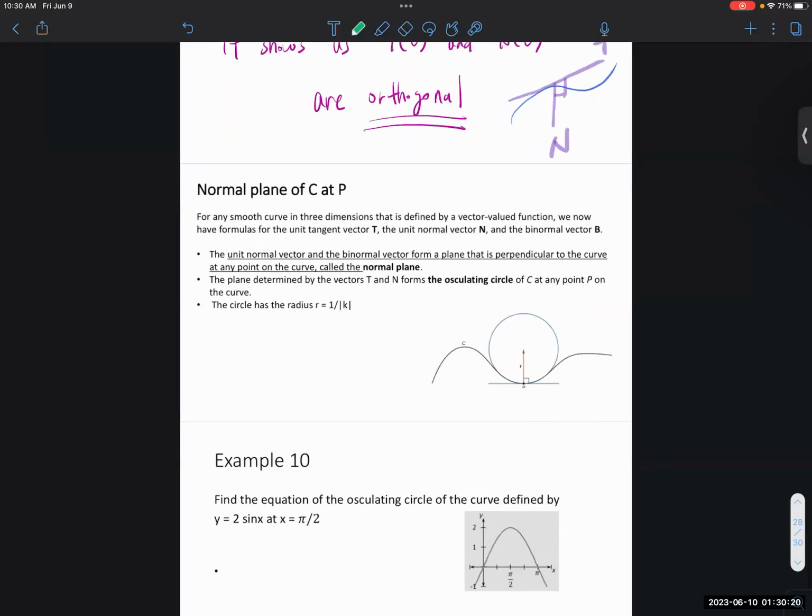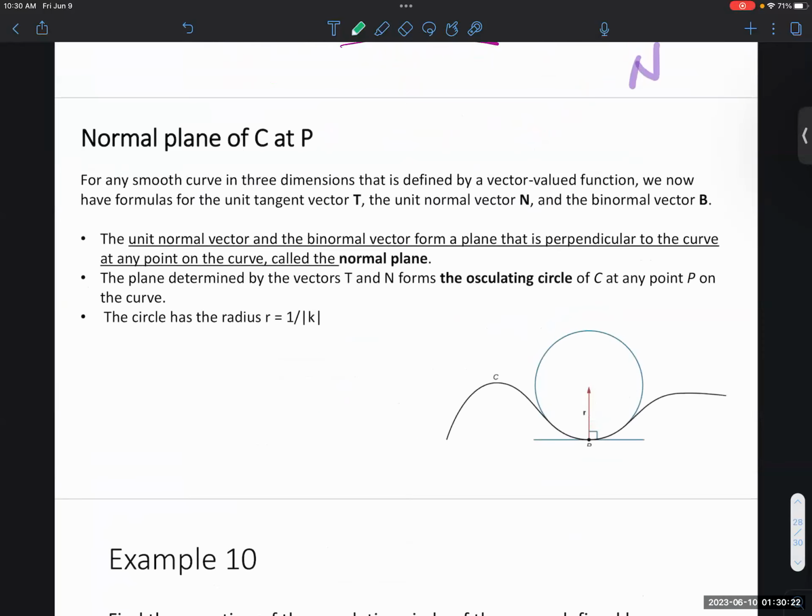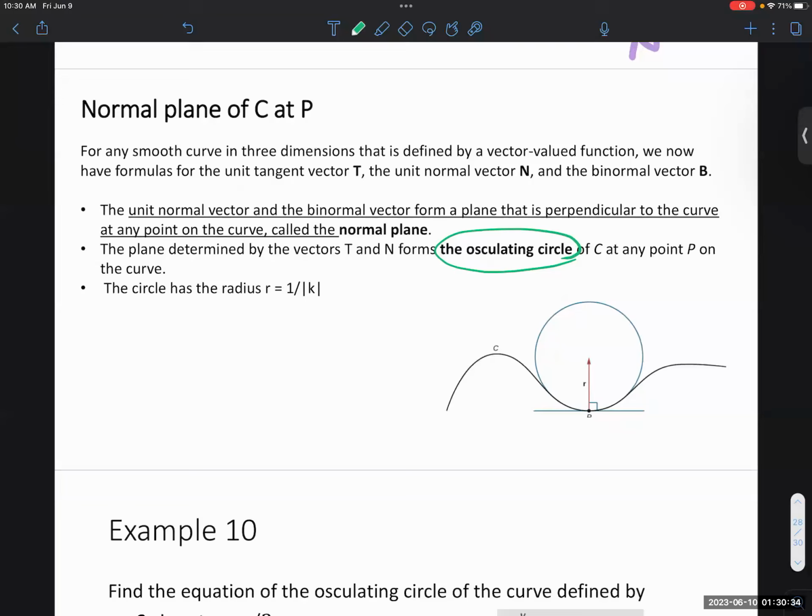Finally, 3.3 is a little bit of a challenging topic because we have a lot of information, but I want to finish. Last one, I just want to talk quickly about the osculating circle. I'm going to show you a very simple definition.